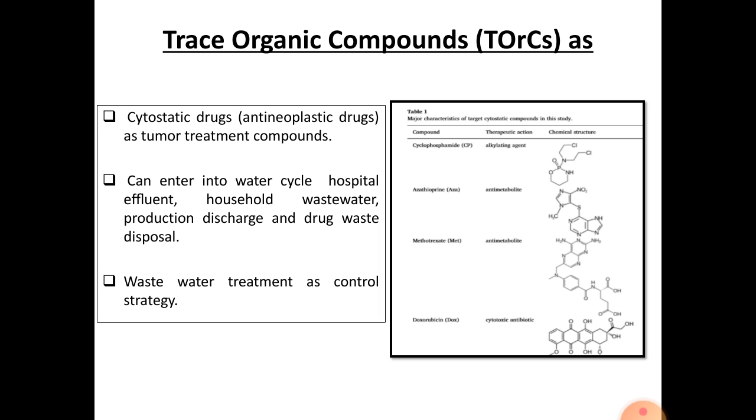disinfection byproducts and industrial chemicals have gained concerns because of their effect on environment and human health. So among the different trace organic compounds, the cytostatic drugs are also some of the compounds that are posing a threat to the environment and to human health directly and indirectly.